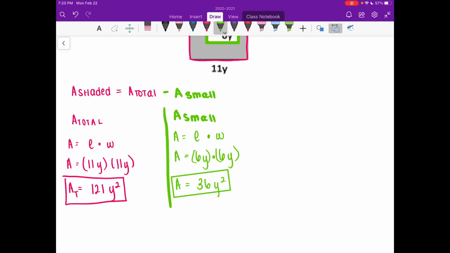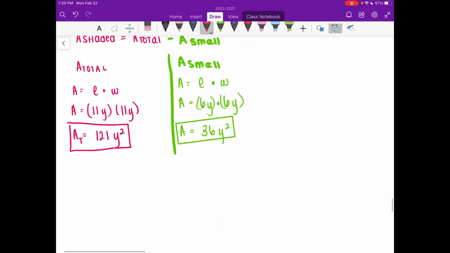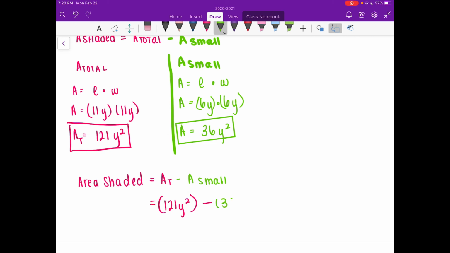Now, I have the area of the total box. I have the area of the small box. I can easily find the area of the shaded. So area shaded is equal to area total minus area small, right? So let's just plug in those expressions. So let's say, okay, area total is 121y squared, and it's always going to be in brackets, minus 36y squared, right?